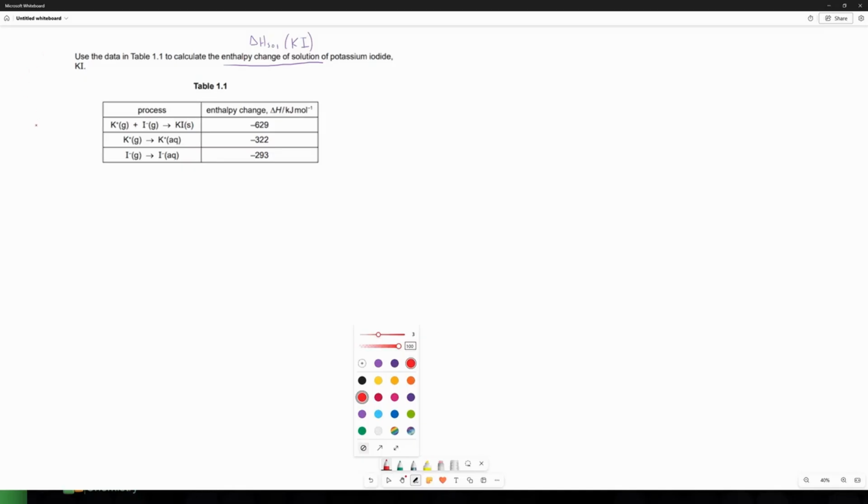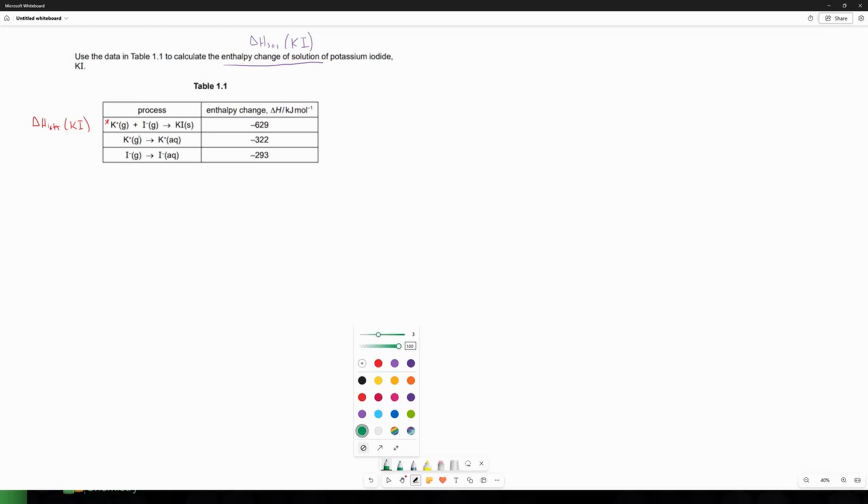So this first one is going to be the enthalpy change of lattice for potassium iodide. So notice, both the lattice enthalpy change and the solution enthalpy change are for the compound we're working with, which is potassium iodide.